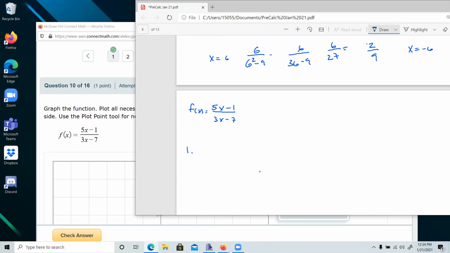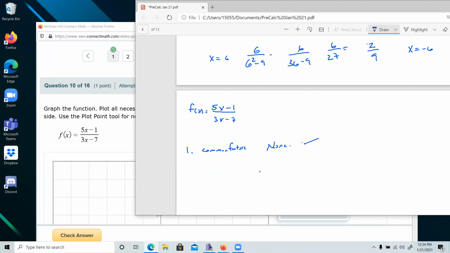So first, do we have common factors? I promise you on Monday we will do one that has a common factor. But since this didn't cancel, there's none. And remember, that's when you have a hole rather than an asymptote.